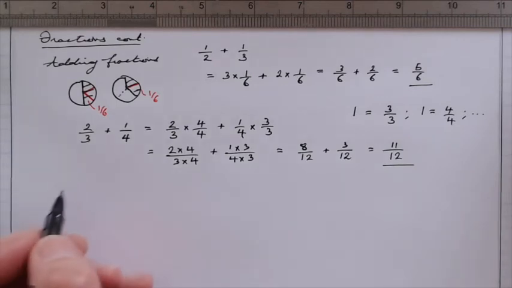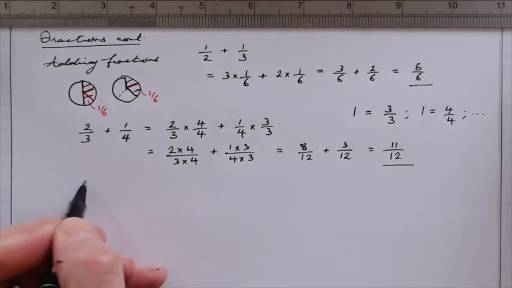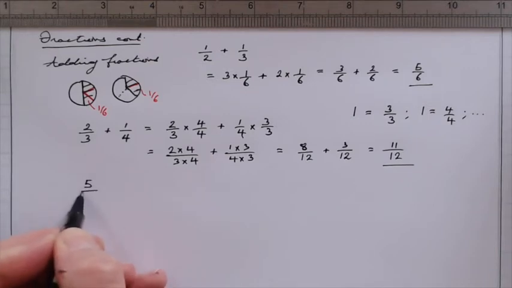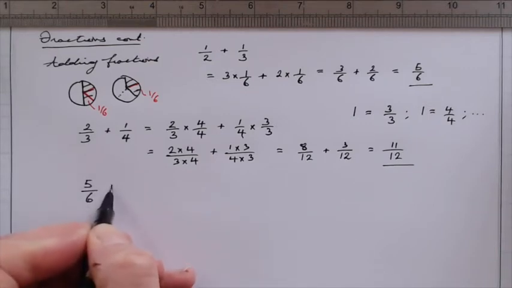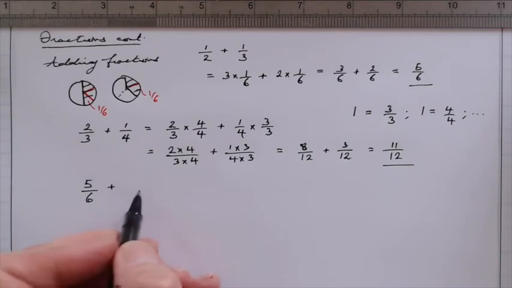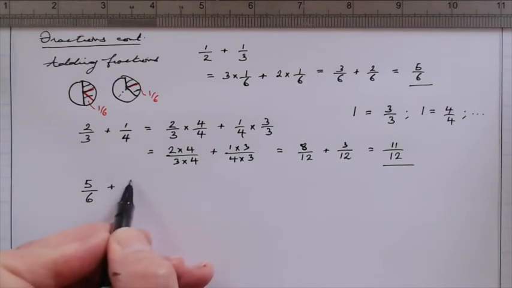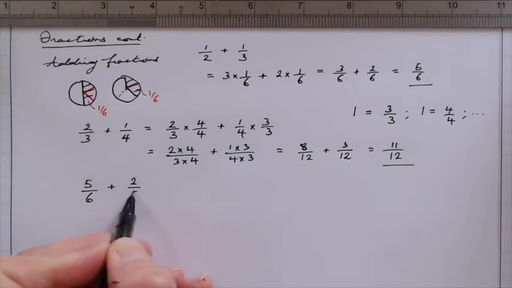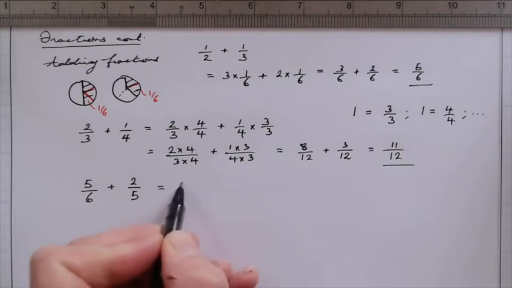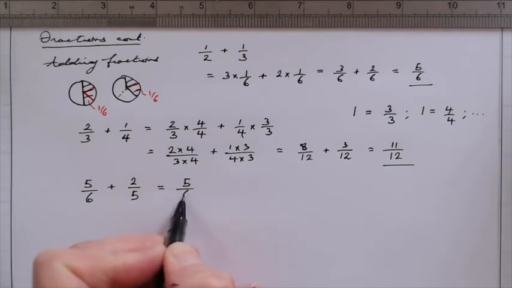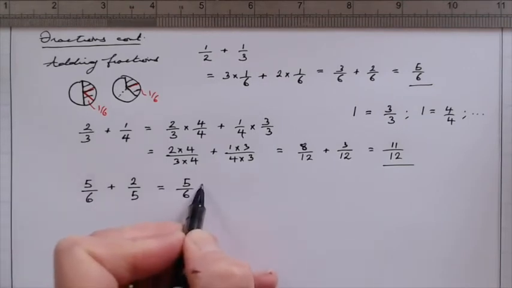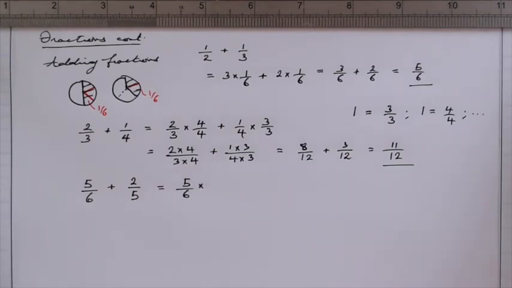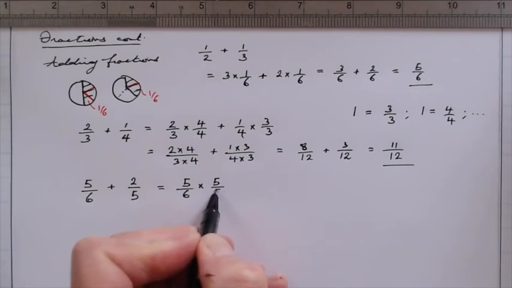Let's do another example. I'm just making these up as I go. So let's imagine we have to add 5/6, and I'll just make up something. Let's do 2/5. So I'll take that first fraction and I'm going to multiply it by 1, but I'm going to choose to write 1 as 5/5.